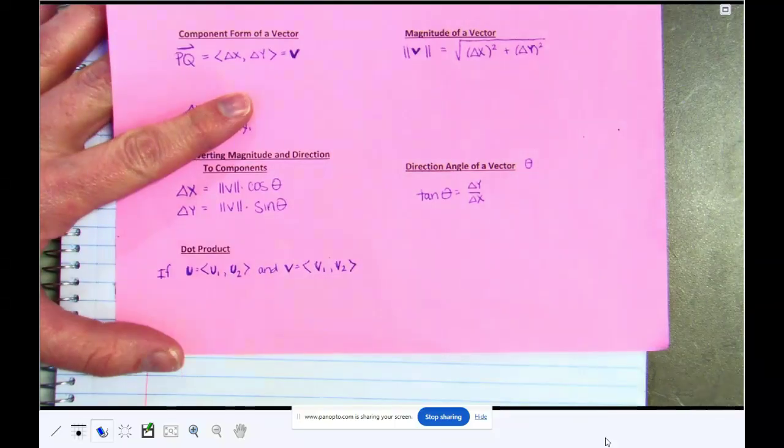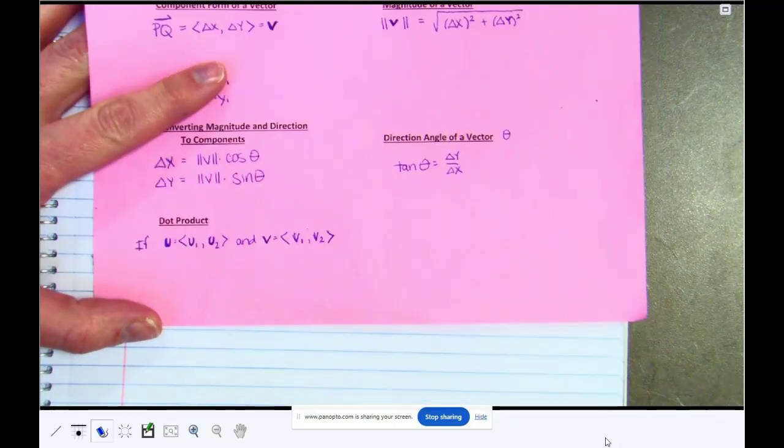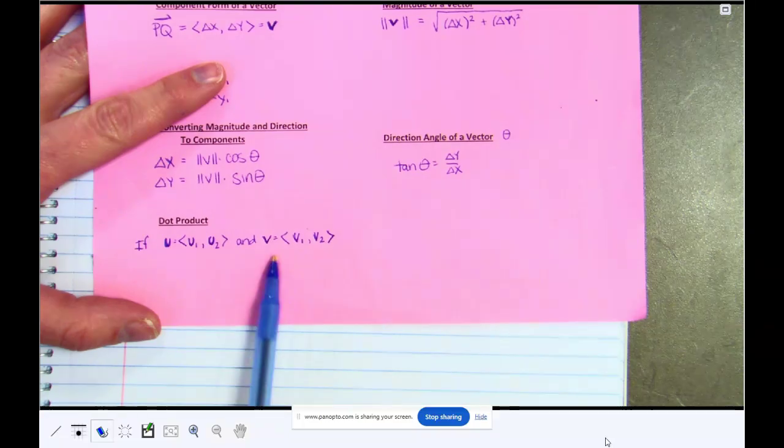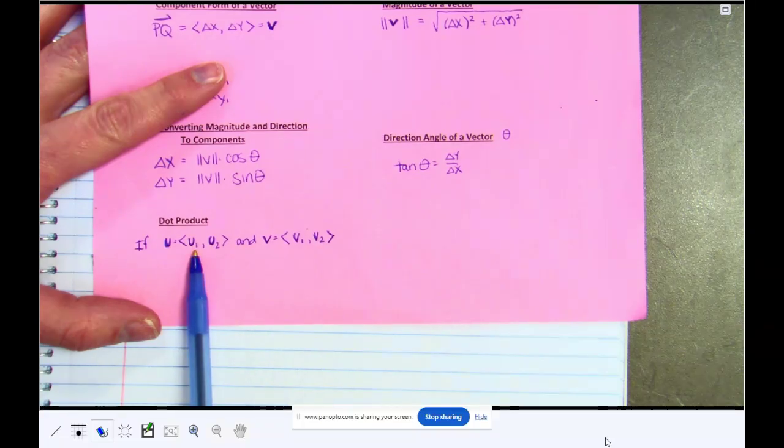So this is a little bit of weird notation. Because we are talking about two vectors, we can't just write delta x and delta y because we've got 2 of them. We've got a delta x and a delta y and a delta x and a delta y. So instead of delta x, delta y, we're just naming them something different.